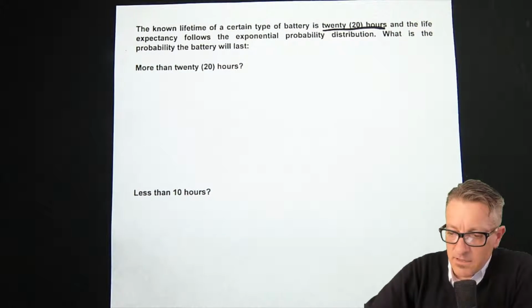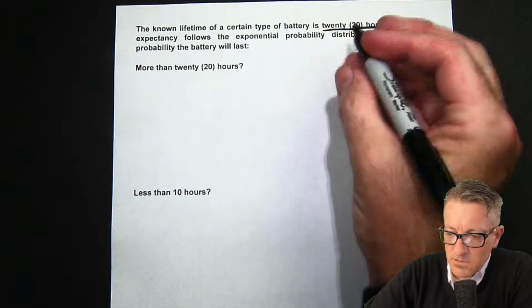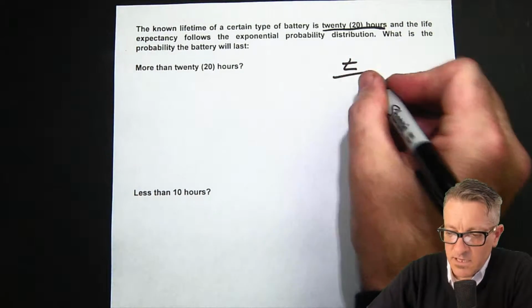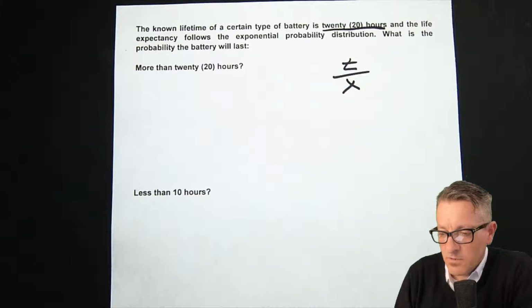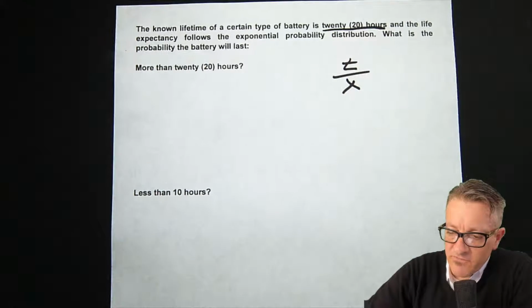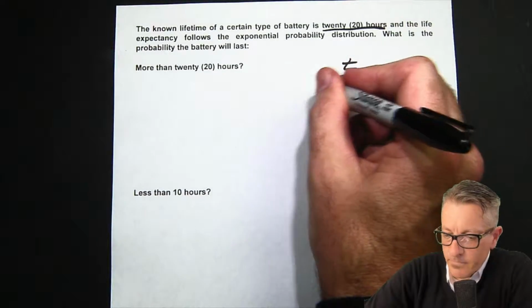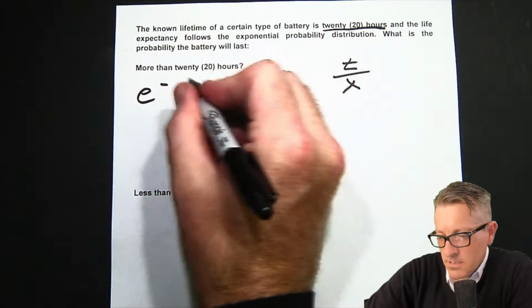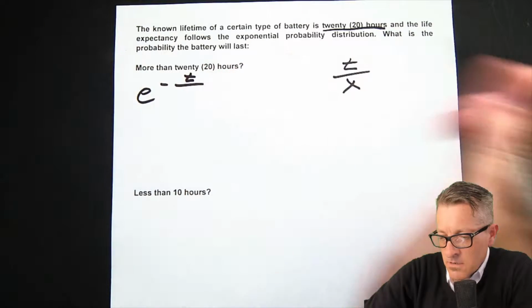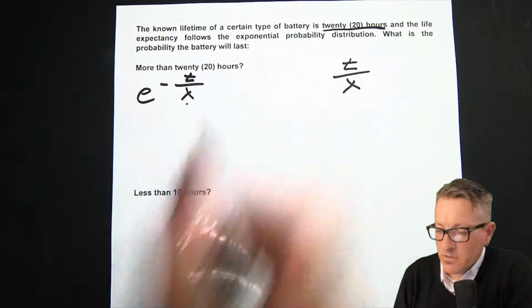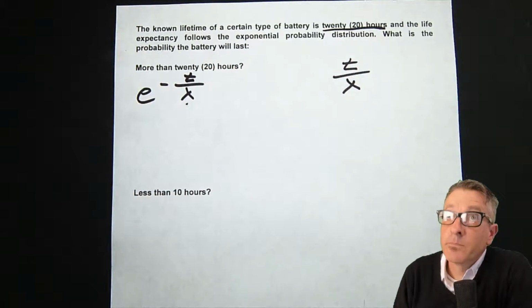I do this a little differently. I use the t over lambda, and I'll explain it a little more as I go. So the formula for this problem is e to the negative t over lambda, and that's the formula we're going to use.